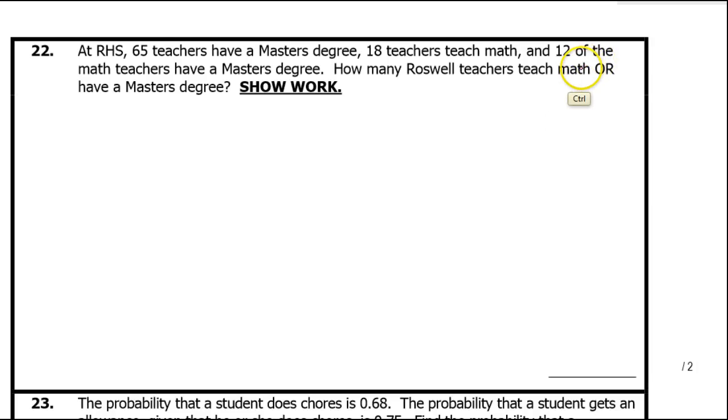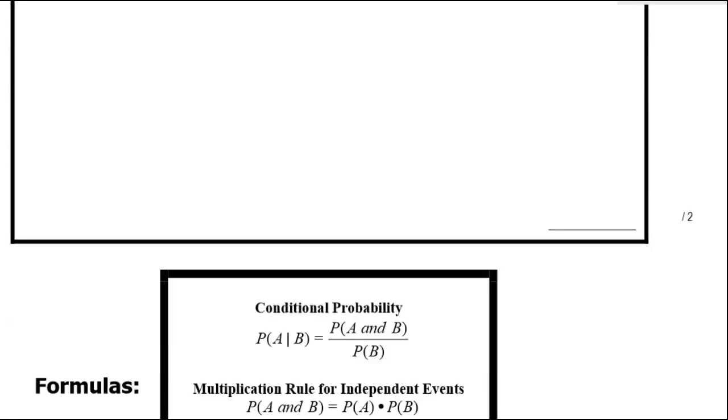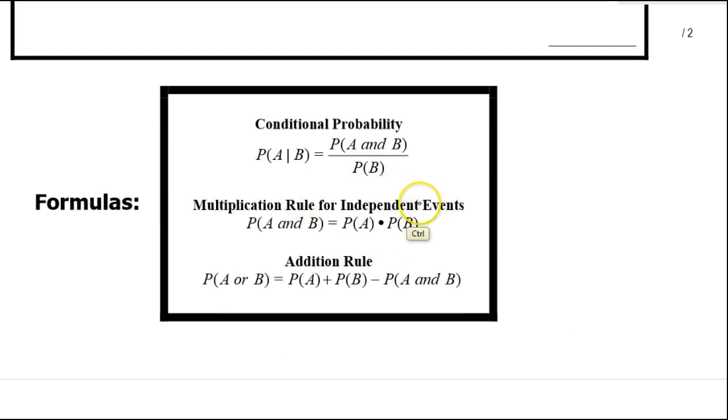Okay, well, there are 3 formulas that we're working with, and here they are. So the first thing we have to decide is, are we going to be using the given formula, the and formula, or the or formula?